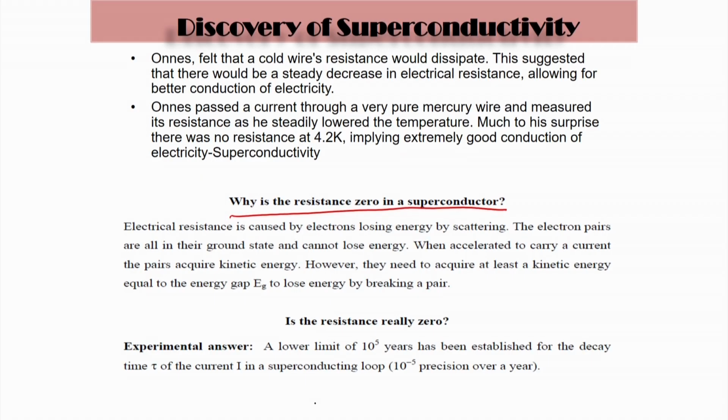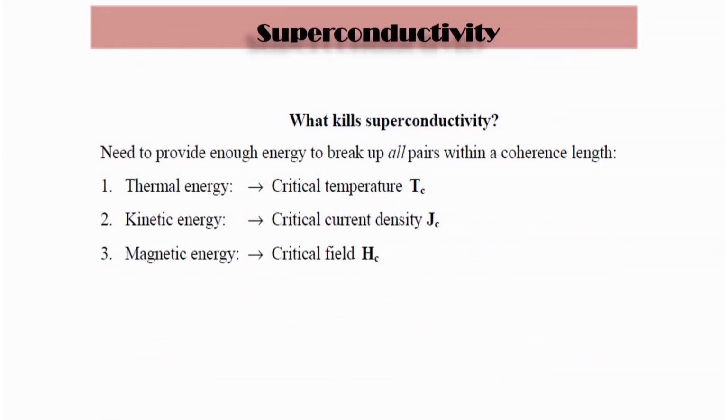The experimental answer is that a lower limit of what we have said already, 10 to the power 5 years, is established for a decay time of current in a superconducting loop, which is 10 to the power minus 5 precision over a year, which is an extremely good signature that the resistance is really equal to 0 and the current is really persistent.